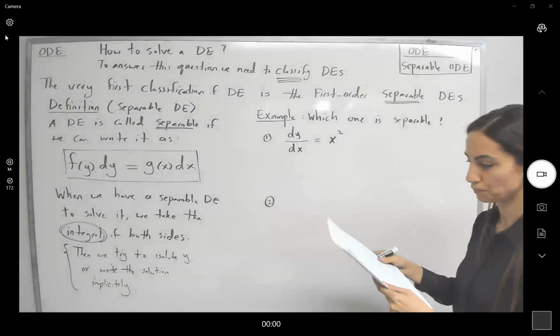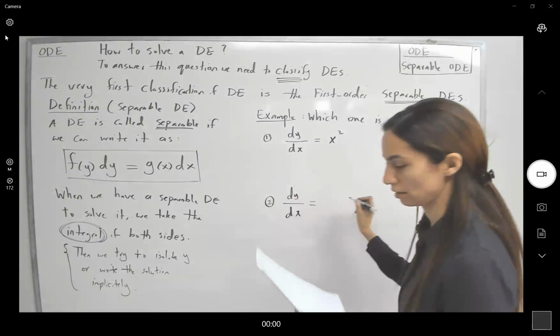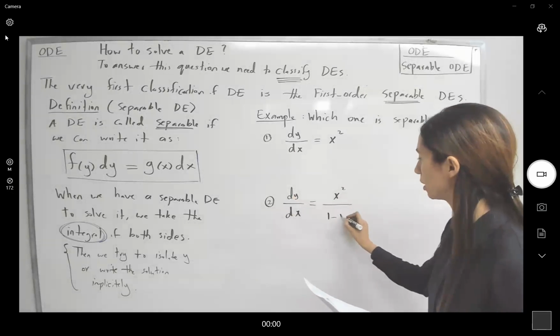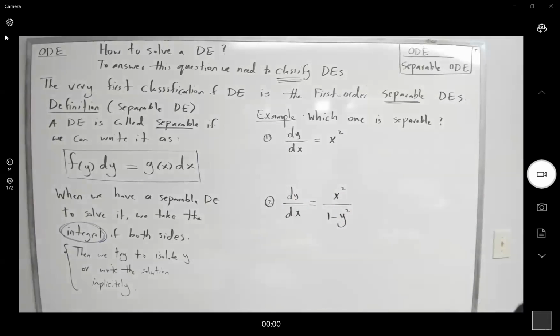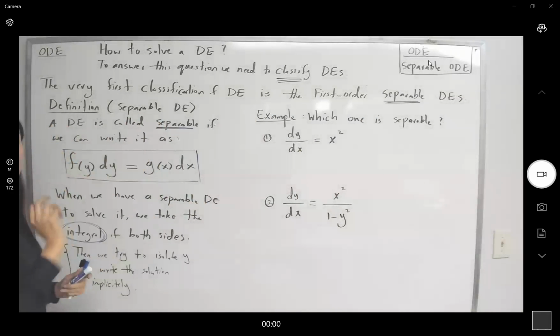The second one, dy over dx is x squared over 1 minus y squared. So which one is separable? Guys, remember, you have to know the definition. You always follow the definition.